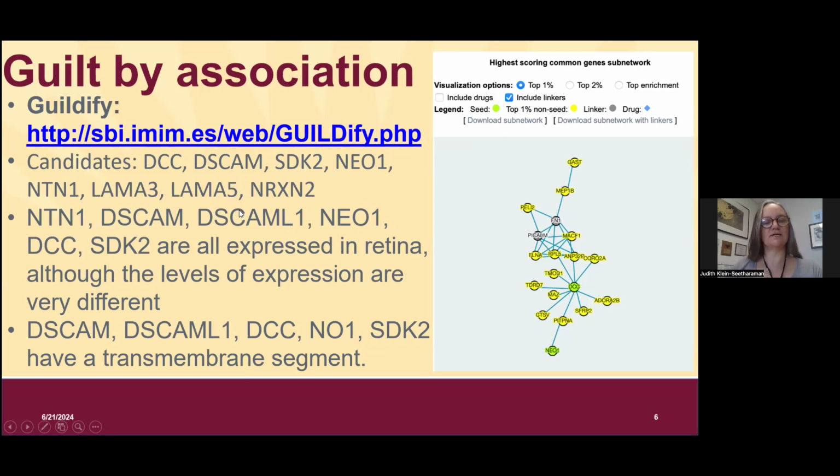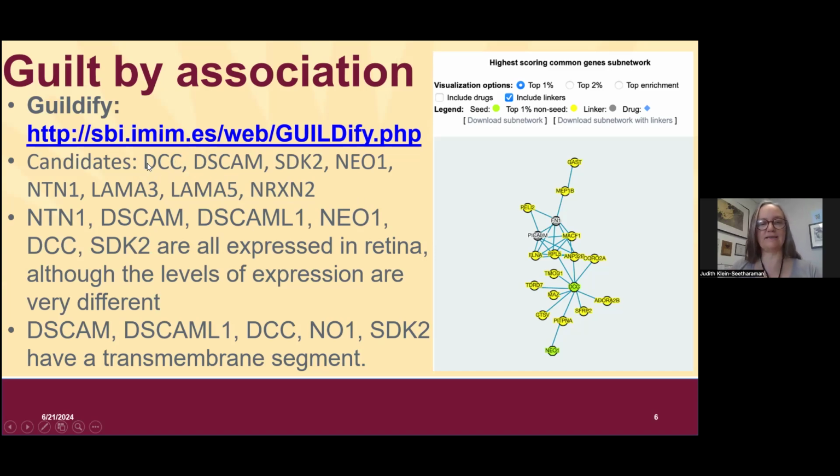And we looked at it in the context of several other types of networks. For example, those associated with Usher syndrome in general, those associated with retinitis pigmentosa, those associated with oxidative stress, and several other critical functions. And what we have found by using that analysis is that there's multiple protein candidates that are listed here with their gene symbols.